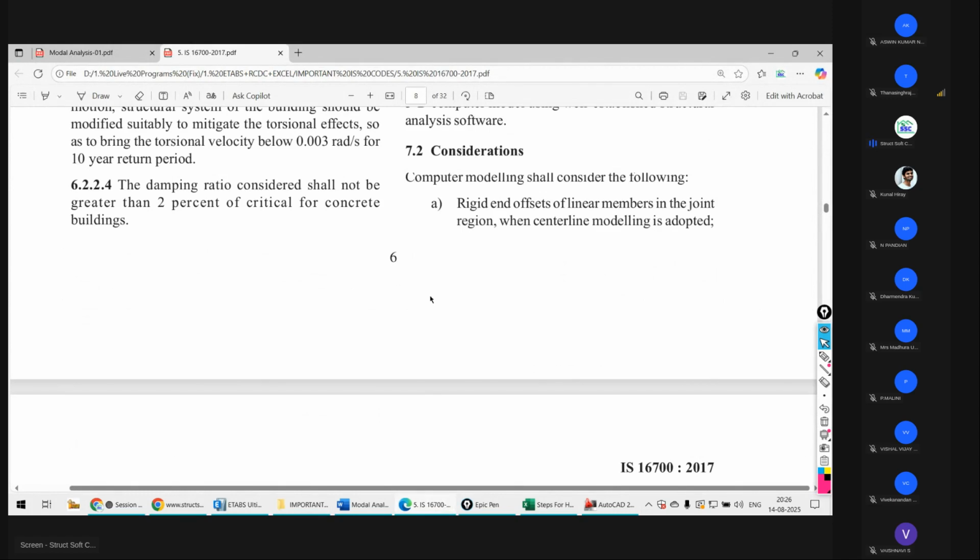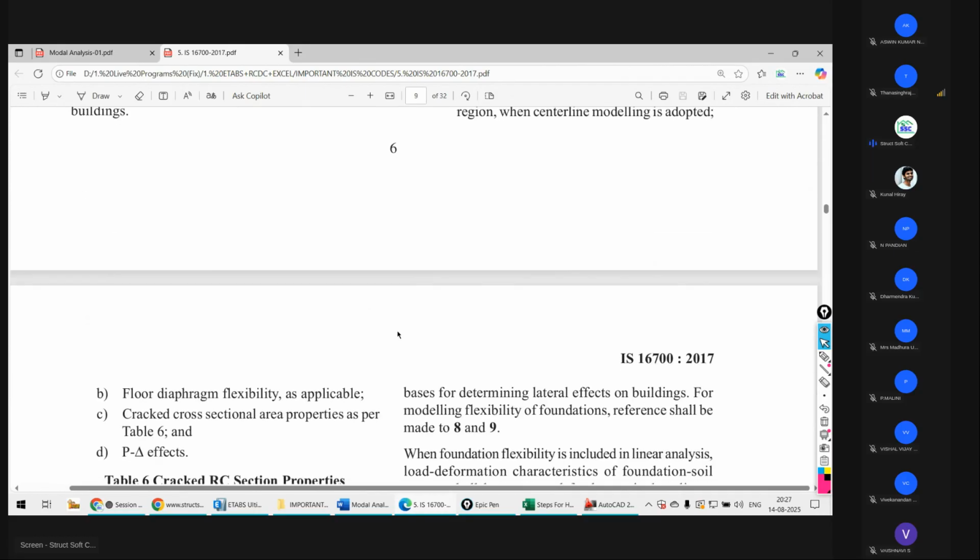IS 16700, the code for tall structures, is intentionally asking to consider the P delta effect for your structure. A few of the important things IS 16700 is asking to consider when you are dealing with tall structures and lateral load: flow diaphragm concept, cracked section property.